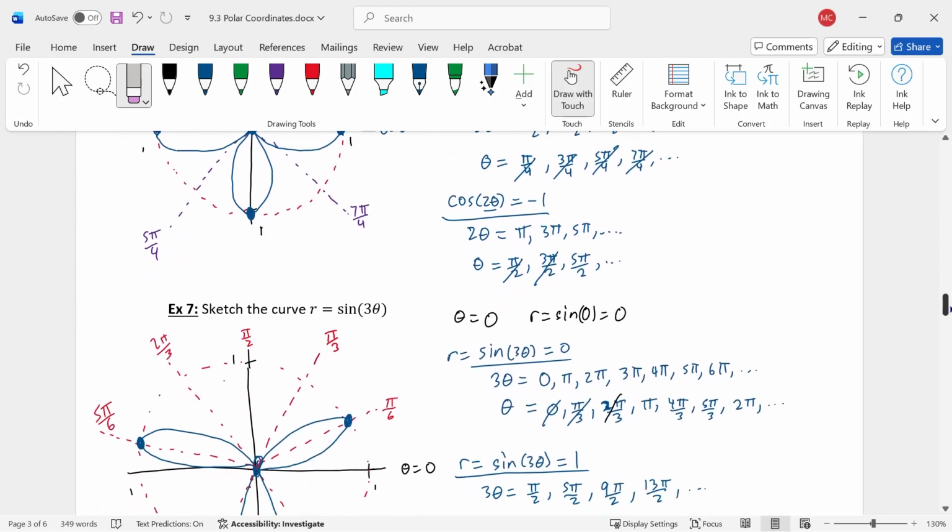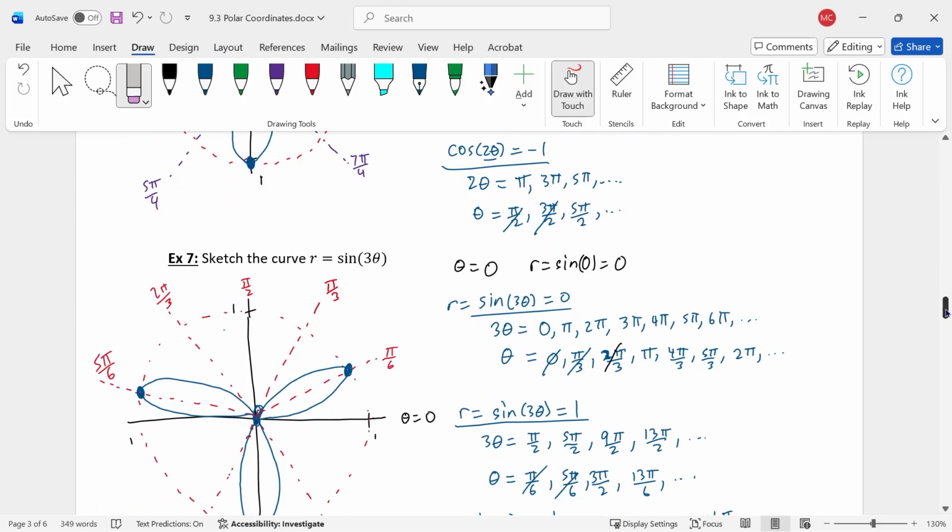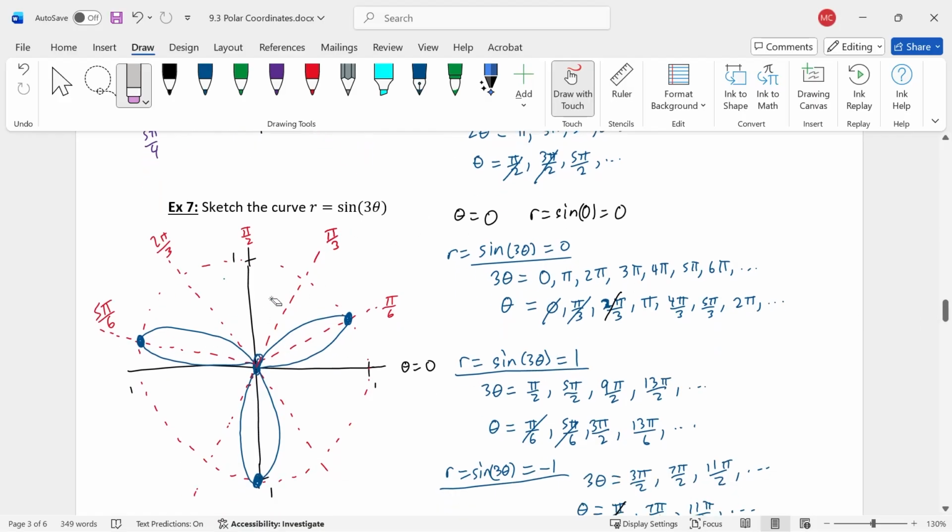And here for sine of 3 theta, we actually had the exact same number of petals. That is going to be true whenever you have r equals cosine of n times theta or sine of n times theta. Whenever you have an even number, you will get double the number of petals. Whenever you have an odd number, you'll get the exact same number of petals.